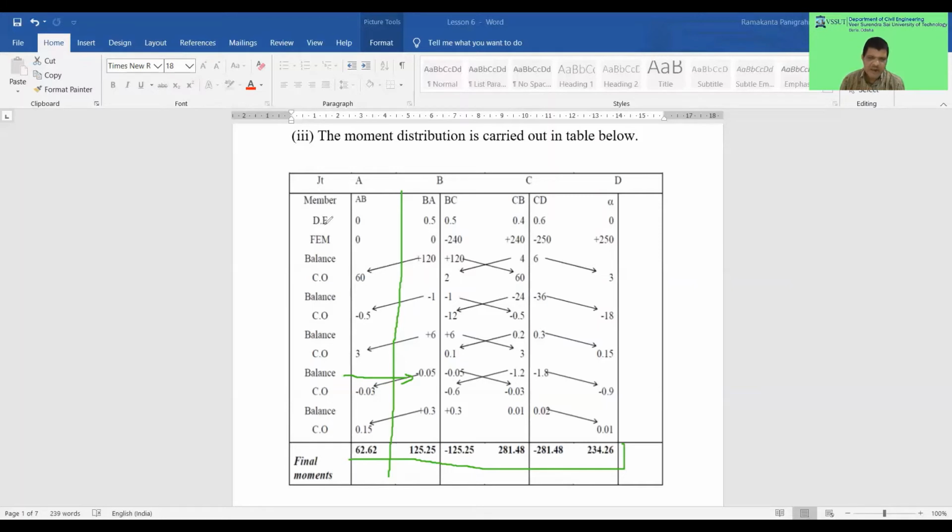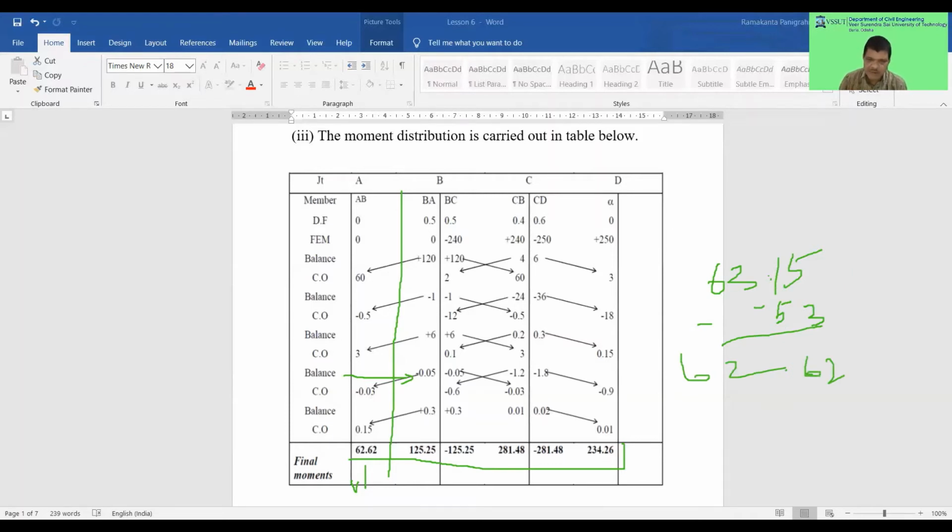Then finally you add these values: 60 plus 3.63 plus 63.15 gives 63.15, and then subtracting 0.5 and 0.02, this is how we find the value 62.60.